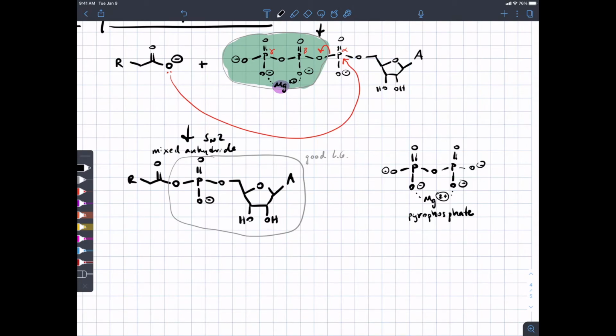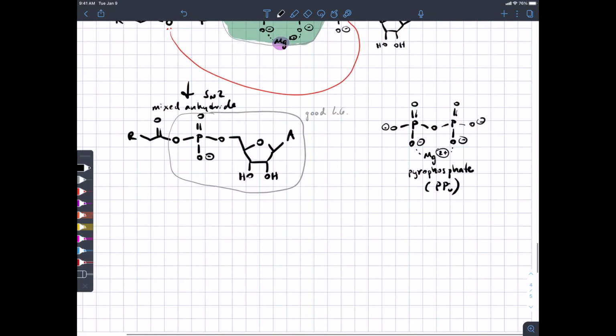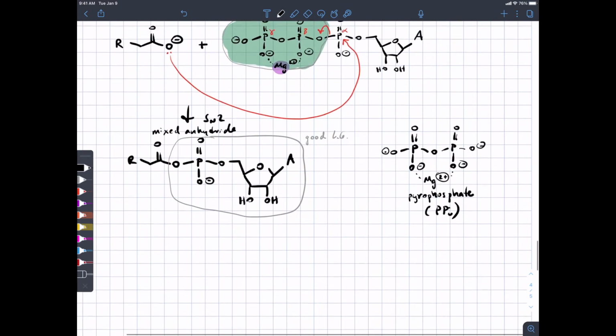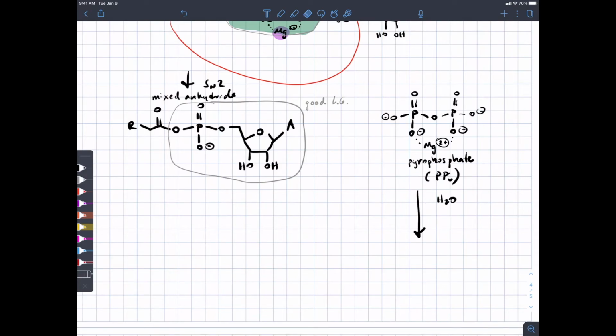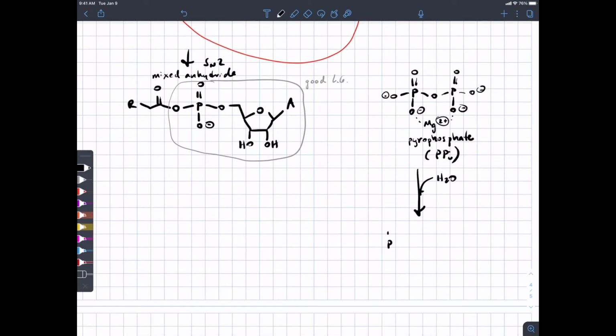Biochemistry and biology texts will abbreviate this as PPi. This is a secret weapon because it spontaneously undergoes a hydrolysis reaction that converts the pyrophosphate into 2 phosphate groups.